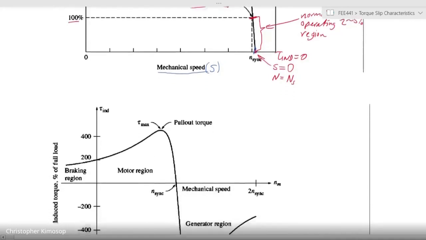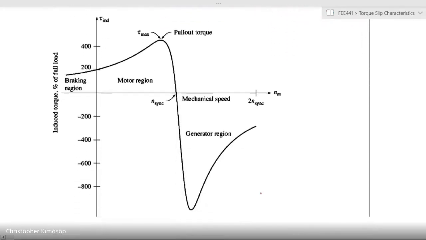We now have the extended torque-slip characteristic, whereby you now introduce different regions of the operation of this kind of machine.